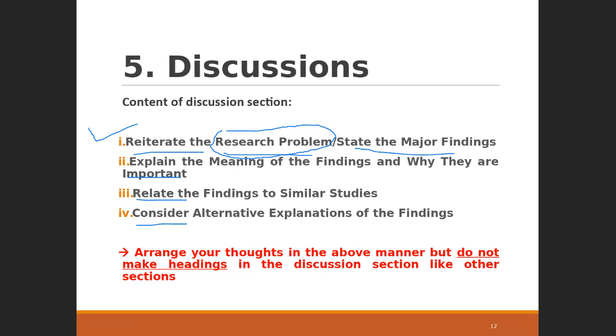But now your results are clear. So in the discussion section, you will connect these two important points: how your research problem and your findings are related to each other. For instance, if you were discussing luxury consumption in China, luxury consumption in China is increasing each year.